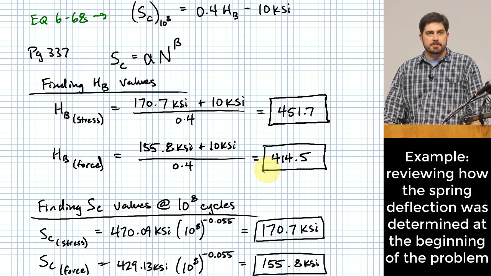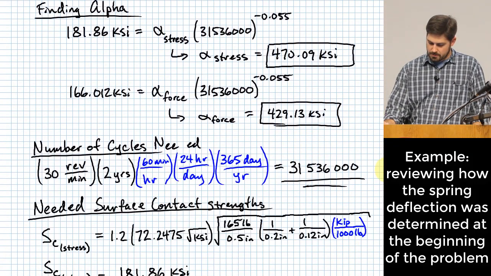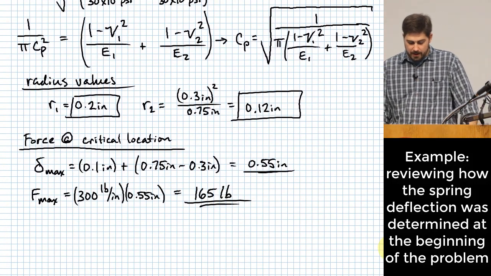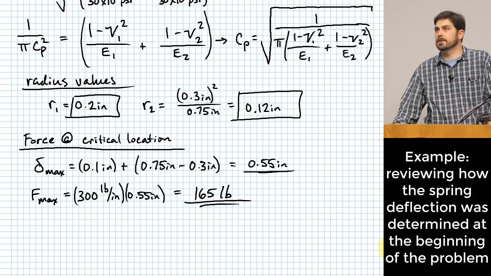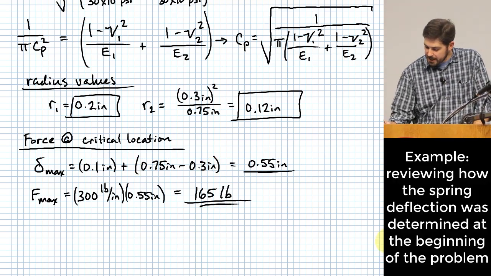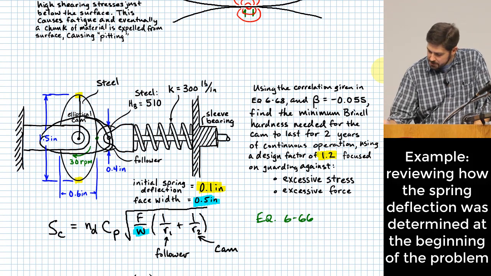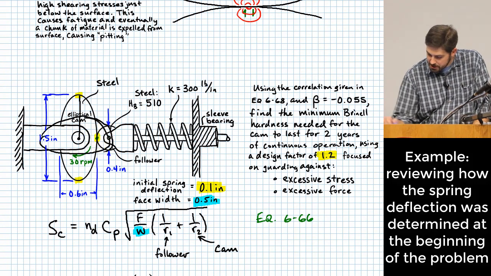Anyone have any questions? Yes, sir. The first step that we took, finding the delta max, I didn't get that. I know that 0.1 inches is already there, but what about the second one? What we're doing here is understanding that this point of contact is in the position it's shown.